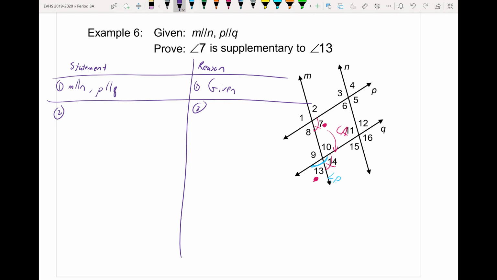All right, we said first off, we want to say angle 7 is congruent to angle 14. Thank you, 14. And that was the corresponding angles postulate. All right, postulates.